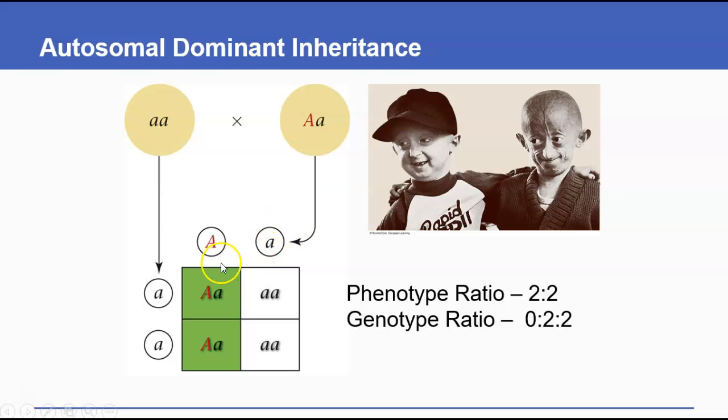And what we can see here again is that you have a phenotype ratio of a heterozygous individual mated with a homozygous recessive, so a normal individual. That phenotype ratio is going to be 2 to 2, so 50% will have the disease, 50% of the offspring wouldn't, and a genotype ratio of 0 homozygous dominant, 2 heterozygous, and 2 homozygous recessive.